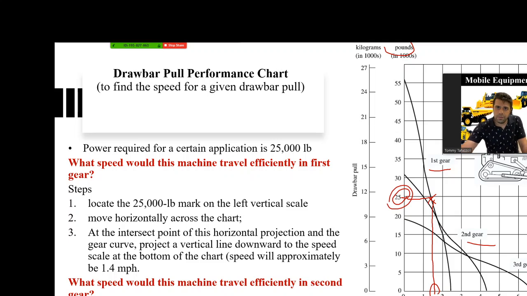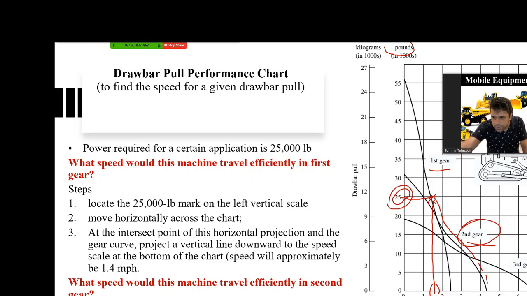Now, what speed would this machine travel efficiently in second gear? If you are moving in second gear, you should use this curve.